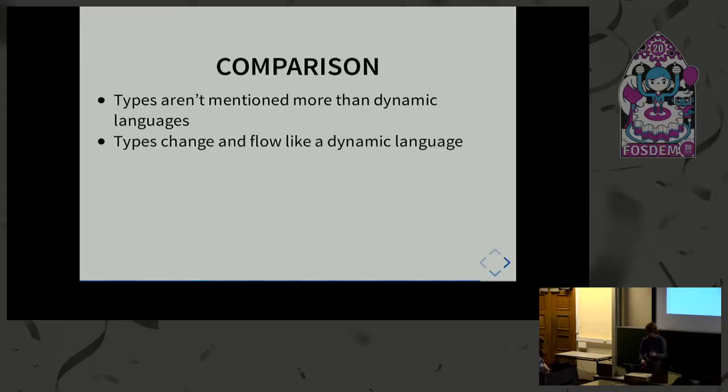Types change and flow like in a dynamic language, the flow typing that I've demonstrated in my examples. You don't have to think about one variable being one type. It can change throughout the course of a function, and you can write neat code using that, which feels a lot more familiar to you as a dynamic language programmer.